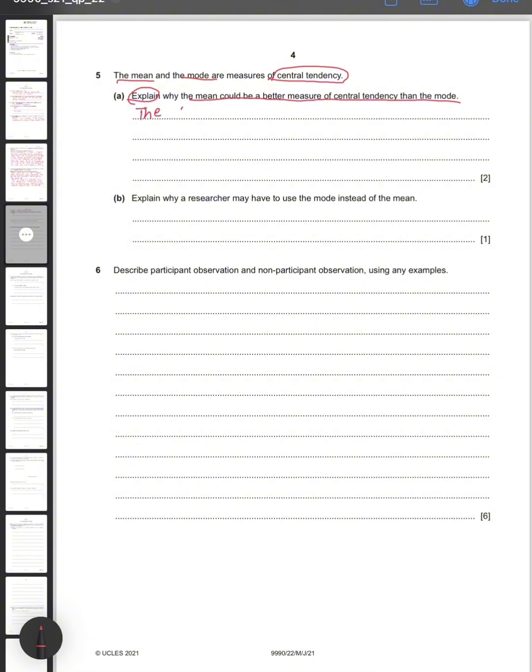So the mean uses values. Mean is the average and mode is the frequency. So the mean uses values, whereas the mode only looks at frequency. So that is their difference.